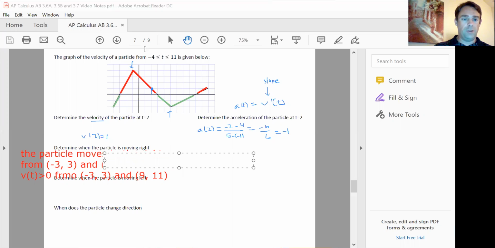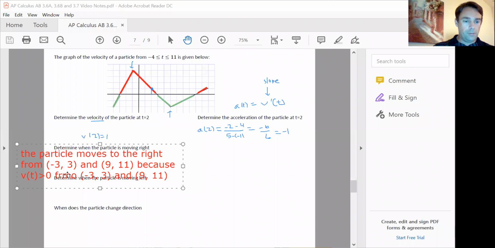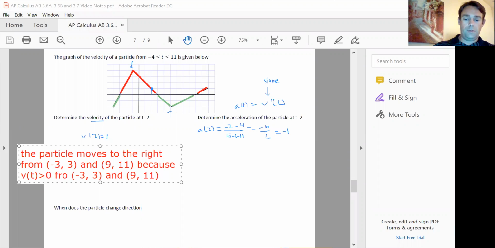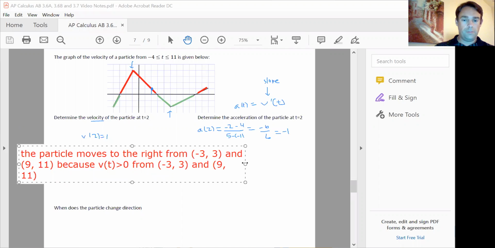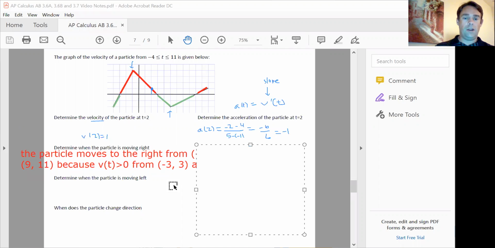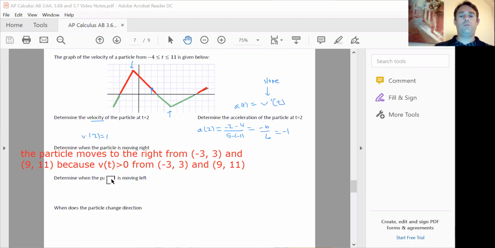Apparently I can't spell either. I guess we need to make this a little bit larger. There we go. So the particle moved to the right from -3 to 3 and 9 to 11.